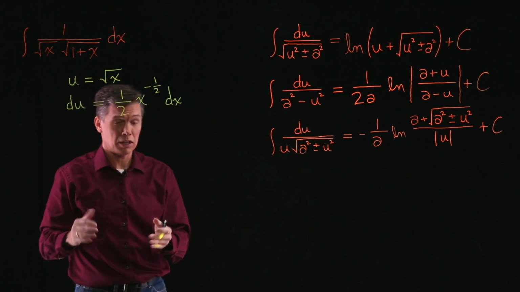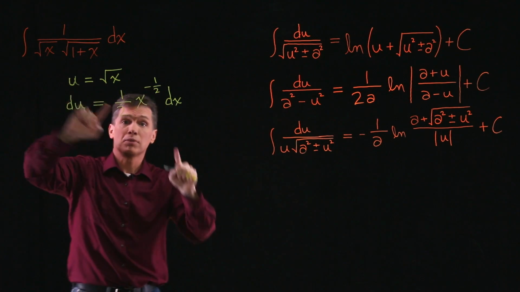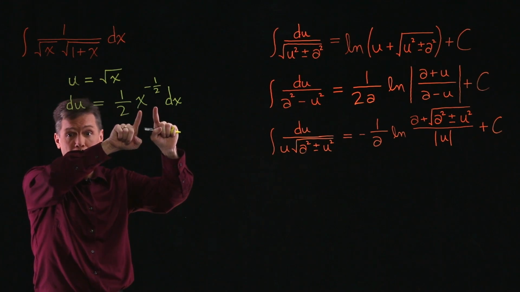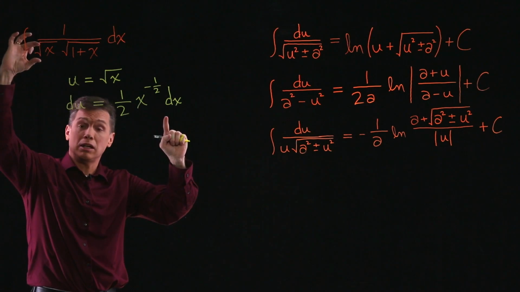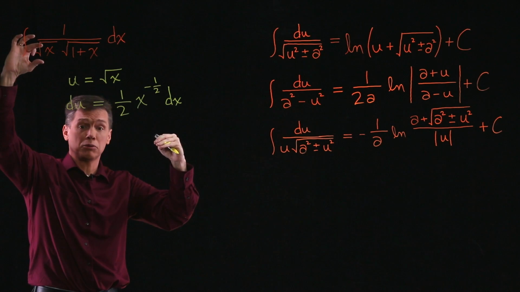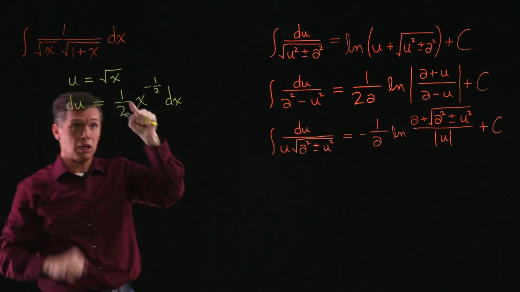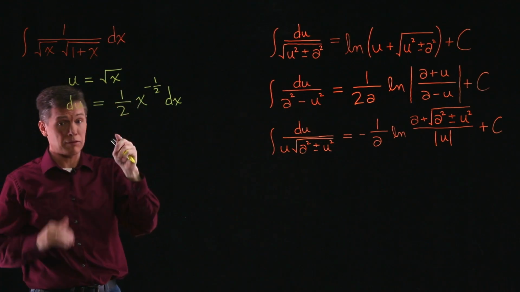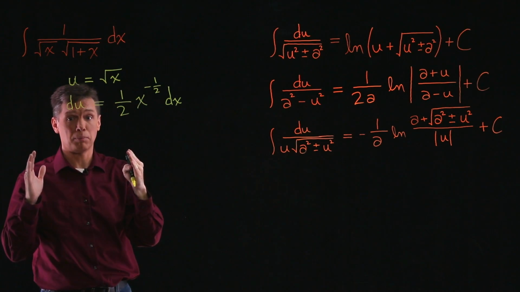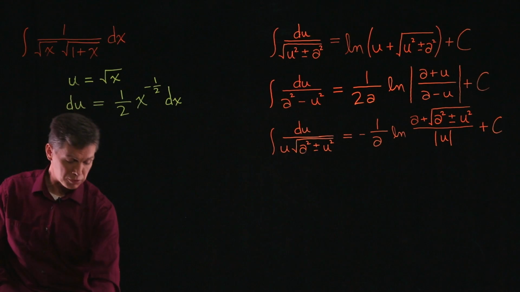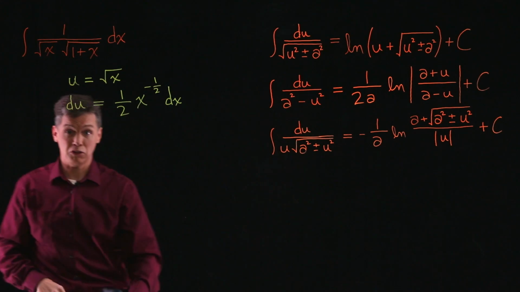Okay, a reality check then to see if this is going to work. This x to the -1/2 is actually right there, so it's downstairs, dx. Good. And I'm only off by that constant factor of 1/2, and constant factors are never a problem. I'll just bring it all the way out in front of the integral as a 2.